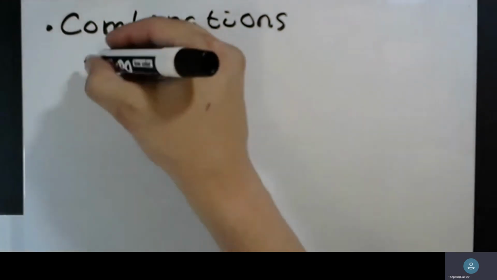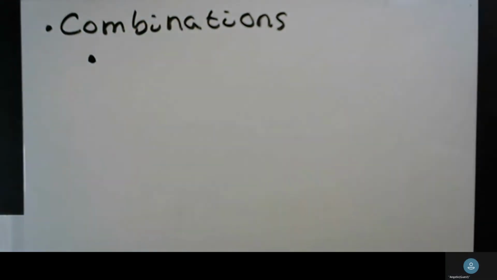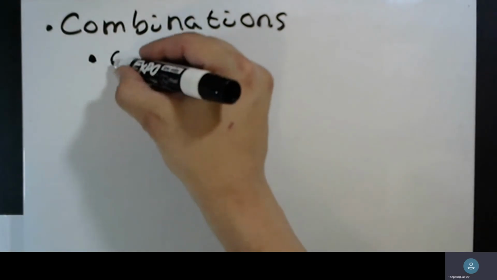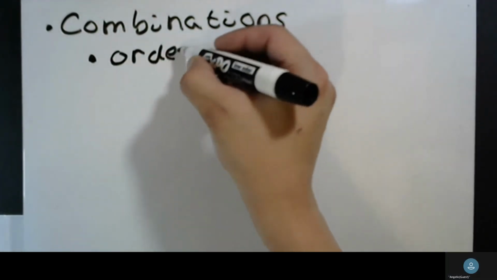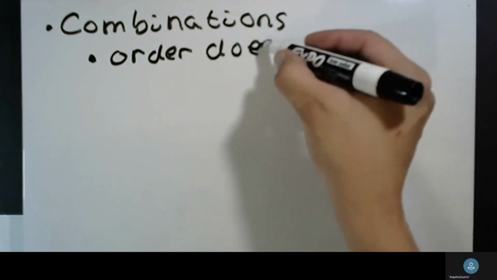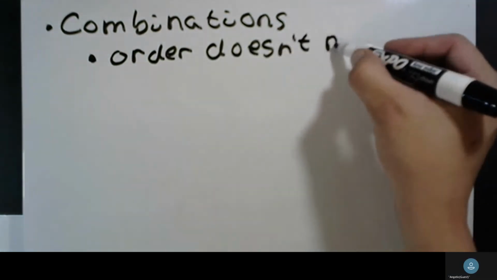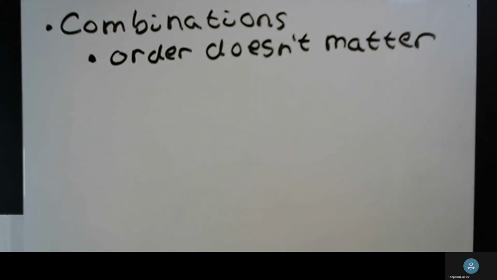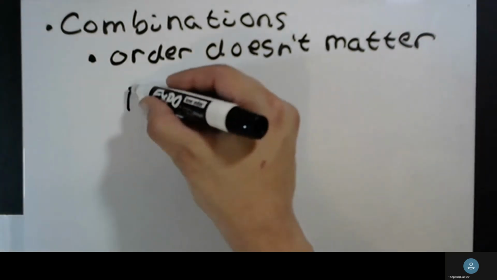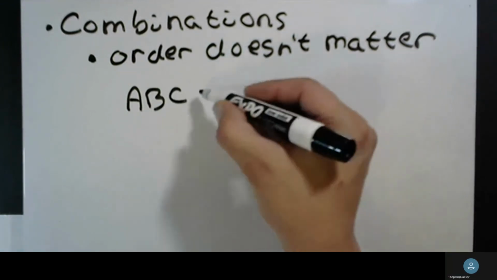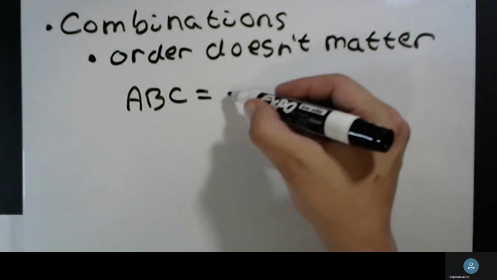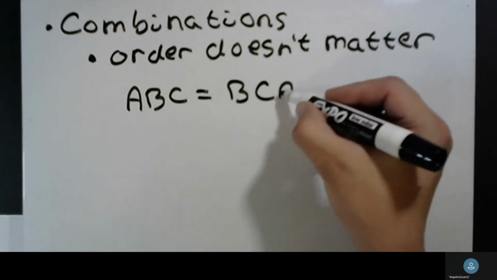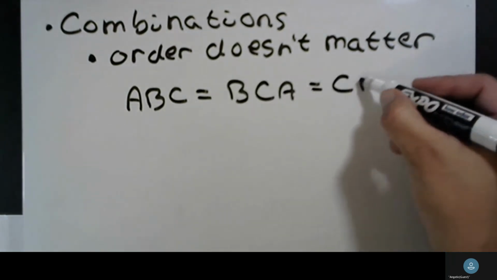So the thing with combinations is this. Here, order doesn't matter. So if you have ABC, that's the same as BCA, which would be the same as CAB.